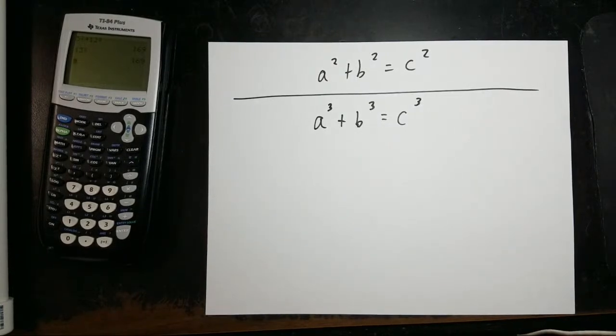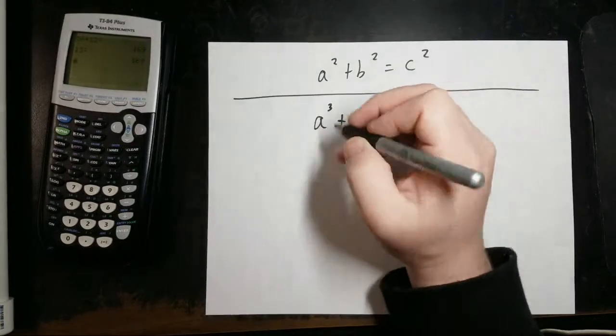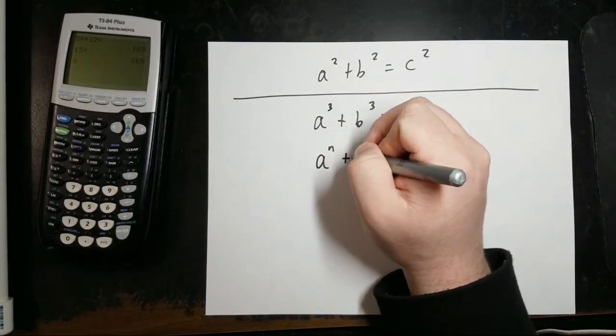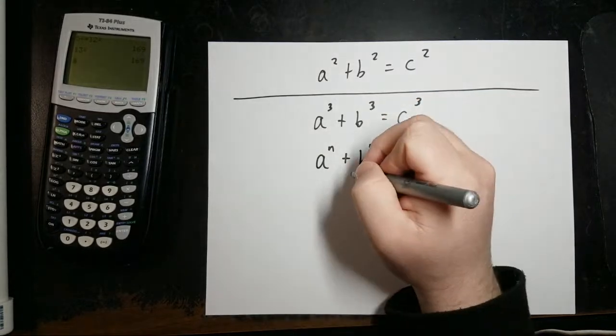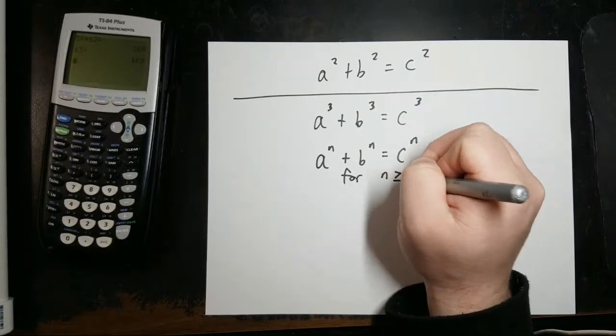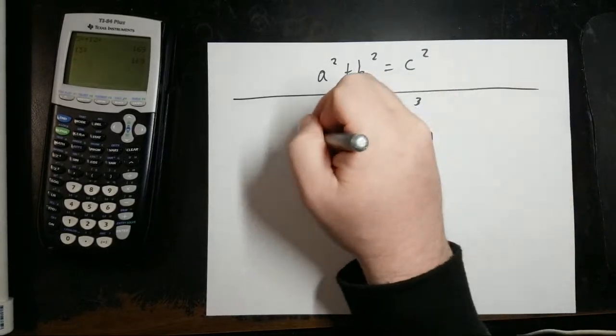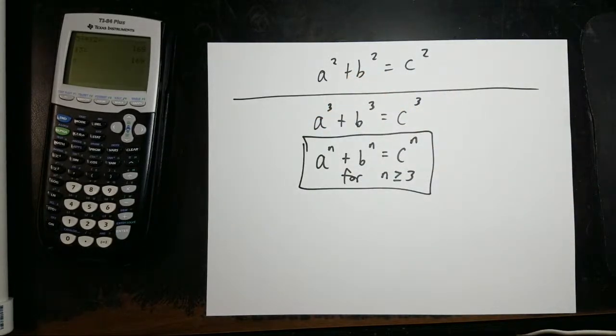When I say integer solution, again, I'm talking no decimals. Furthermore, is there an integer solution for A, B, C, for when you have an exponent that is greater than or equal to 3?